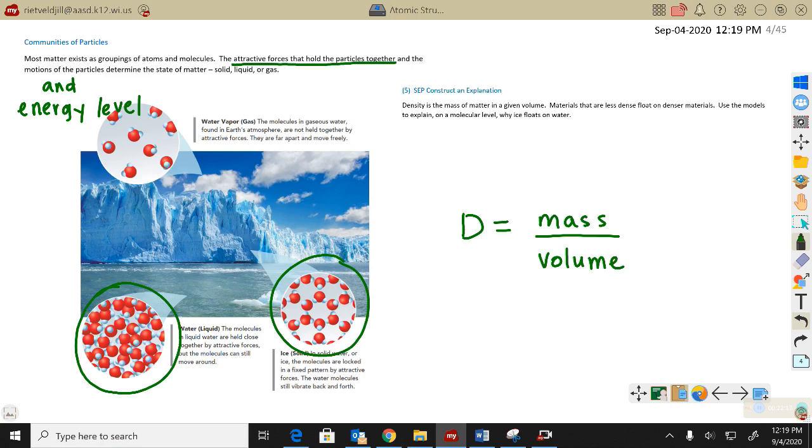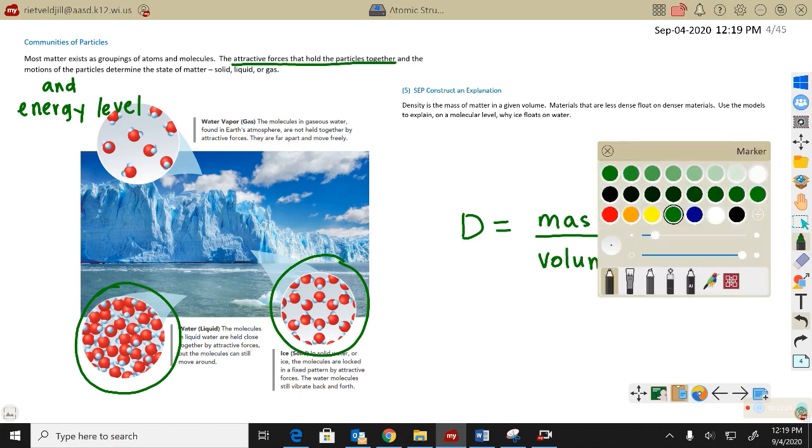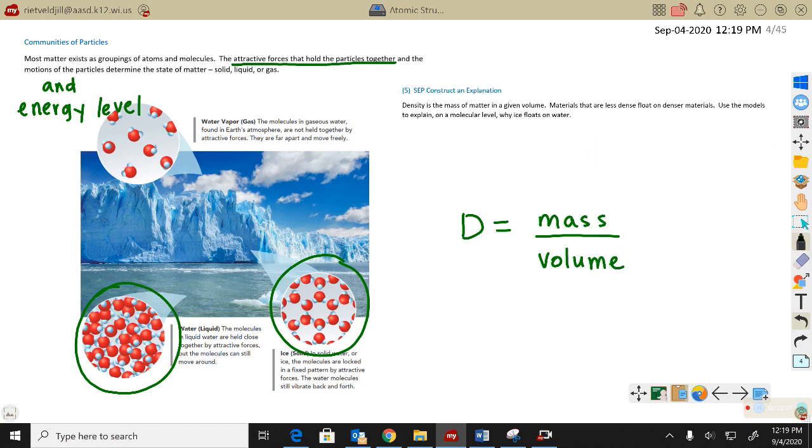Did you kind of catch it? That if density is mass per volume, let's say I measure a certain volume. Here's a given volume. I don't know what it is, 10 milliliters, 100 milliliters.